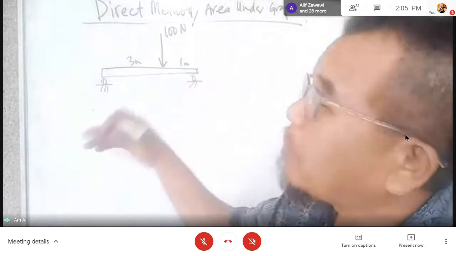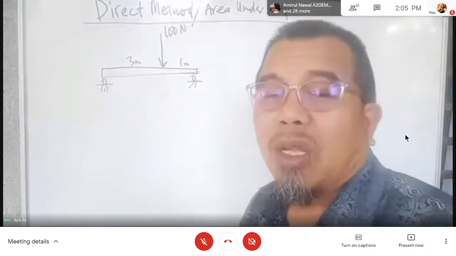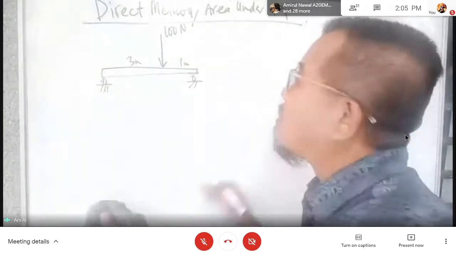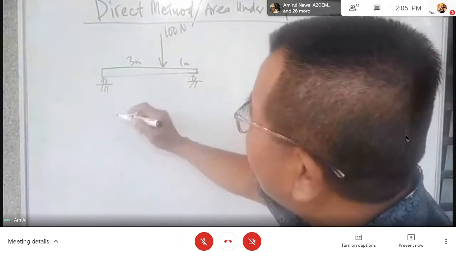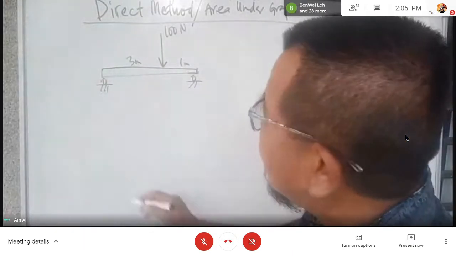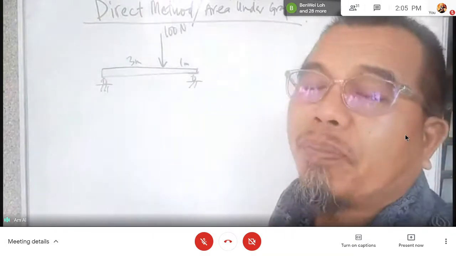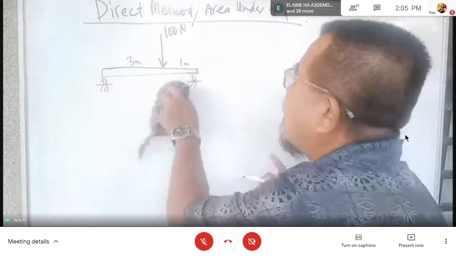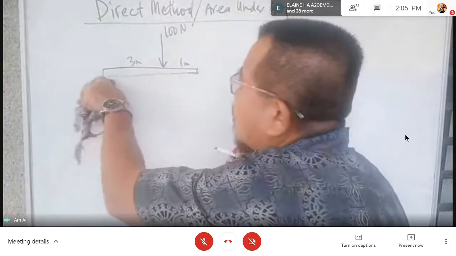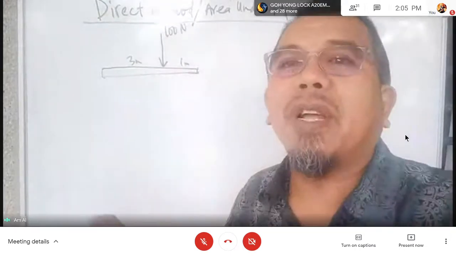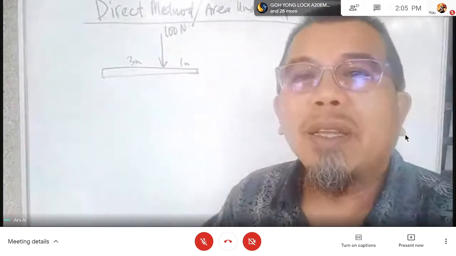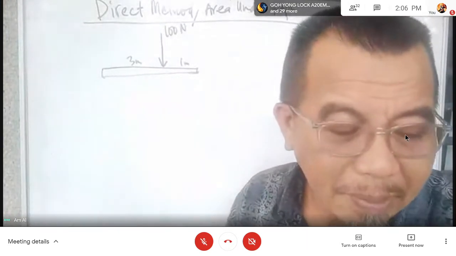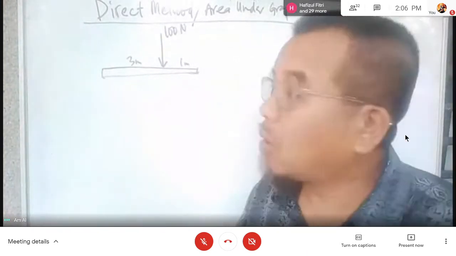Whether you do it by this method or the previous method, you will always find the reactions first. We want to draw the shear force and bending moment diagram out of this. That's why this topic has to be explained live. It's very difficult to explain by wording. So look at this.